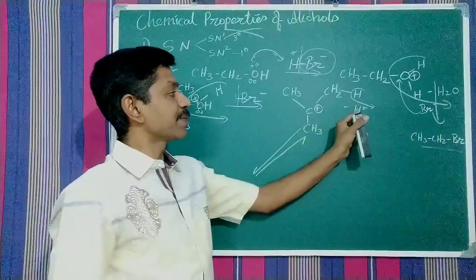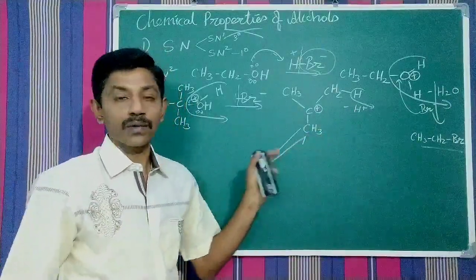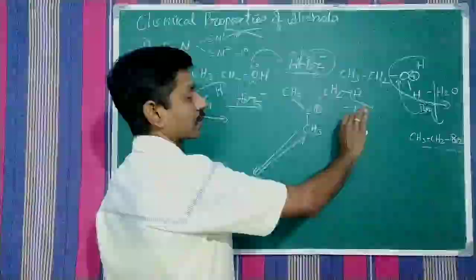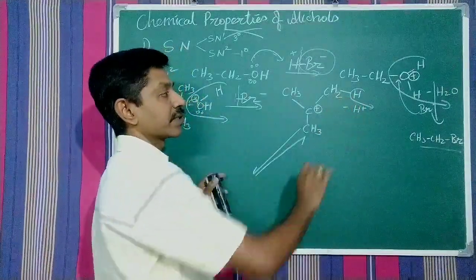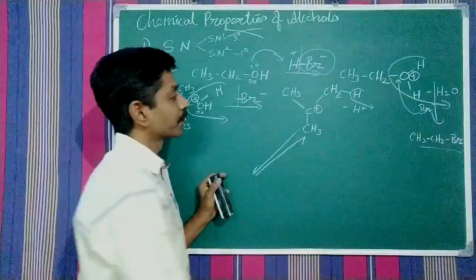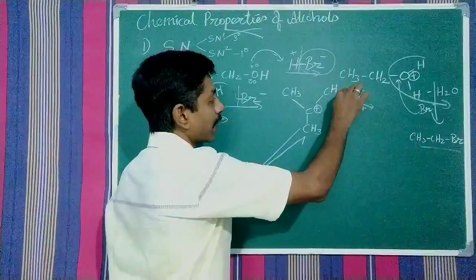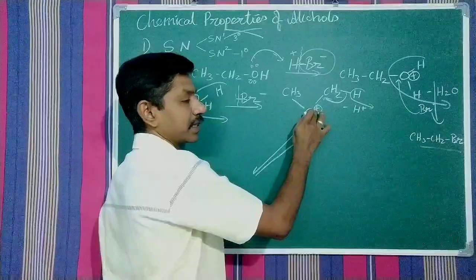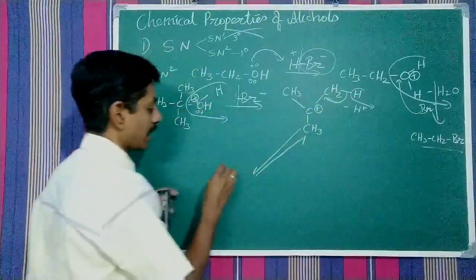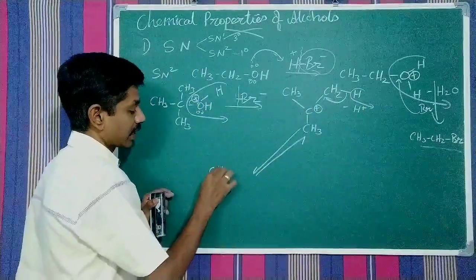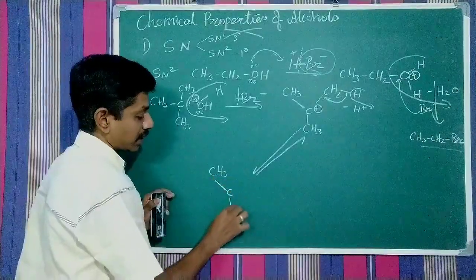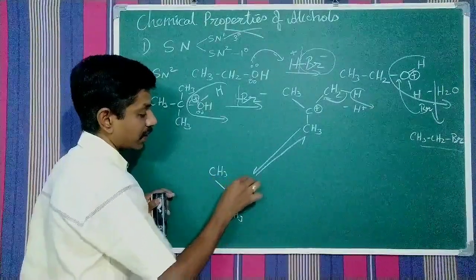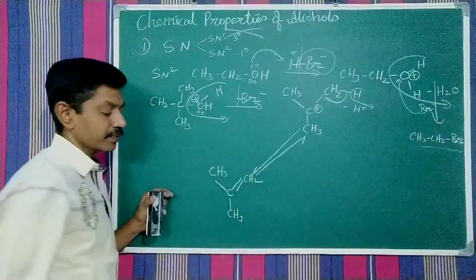This particular H plus carries only one proton, no electron, so we can call it a proton being removed. That's why it's called deprotonation. So if this pair of electrons comes here, the double bond will be formed and the positive charge will get neutralized, and you will get a compound CH3, carbon, CH3, double bonded CH2.